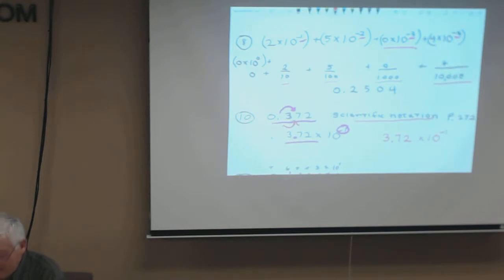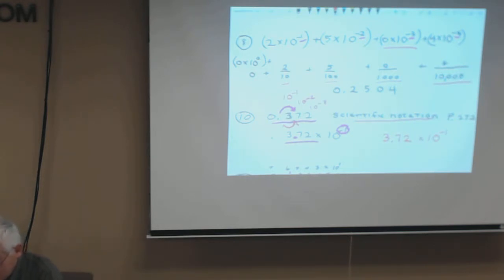Because watch the thinking here. I made the number larger, didn't I? The numeral, I went from 0.372 to 3.72, so I made it larger, so I have to take it times 10 with some exponent to make it smaller to go back to what it said, and that would be why it's 10 to the -1. Because if I put the place values up here, this is 10 to the -1, 10 to the -2, and 10 to the -3.